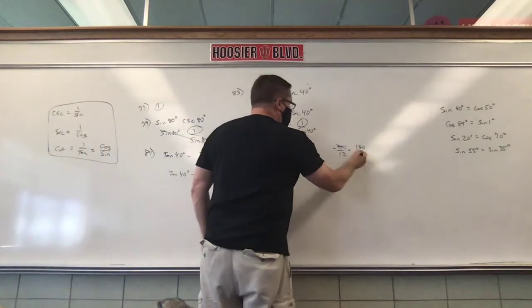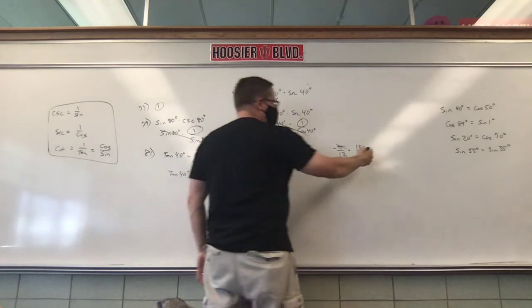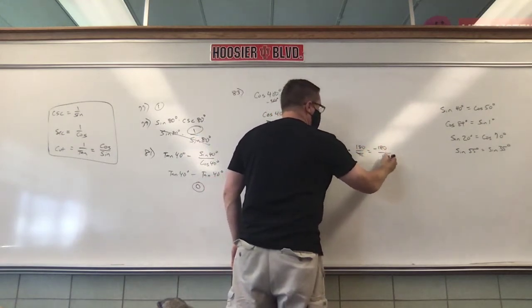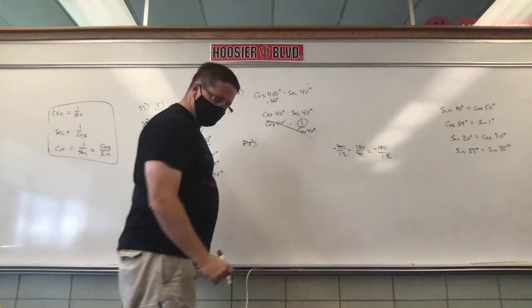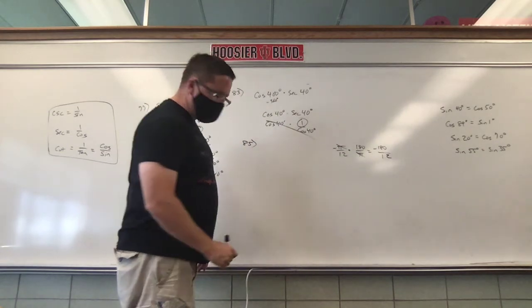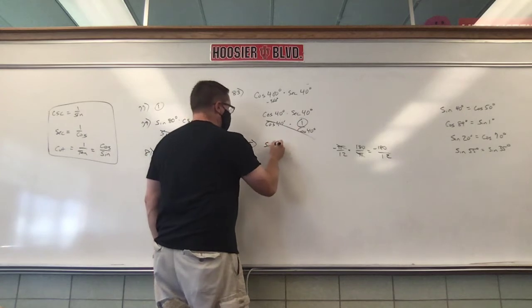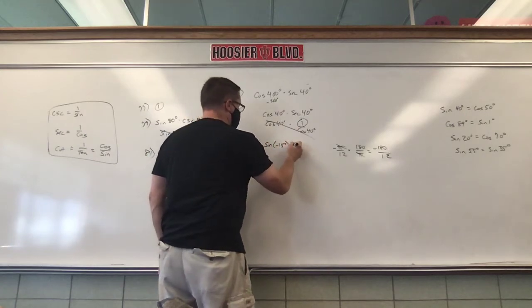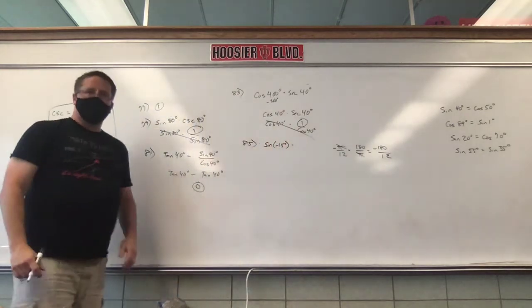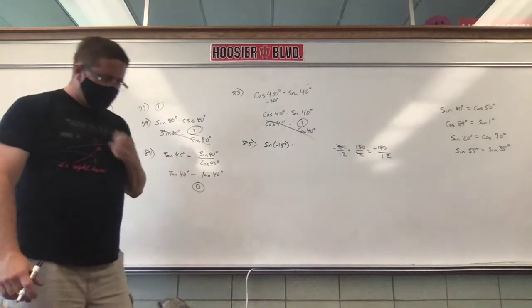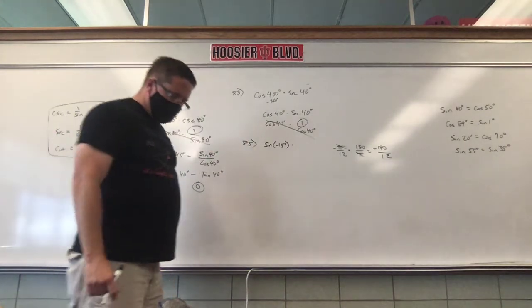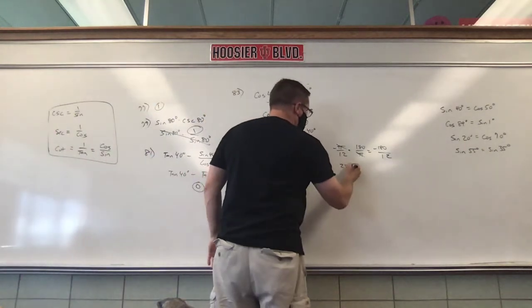So these pi's cancel, so we're left with negative 180 over 12, and that divides out to negative 15 degrees. So we have the sine of negative 15 degrees. Again, why are we making these into degrees? Most students think it's easier to deal with degrees than radians. And then the cosecant of 25 pi over 12.